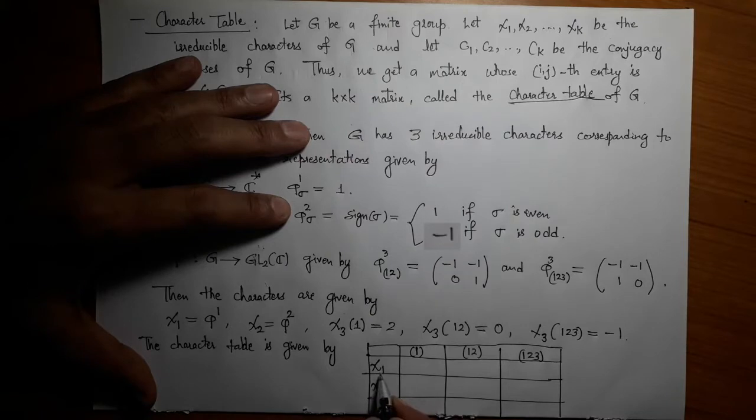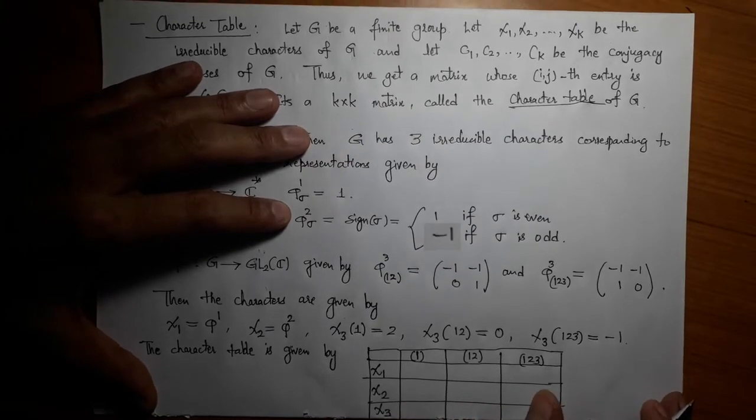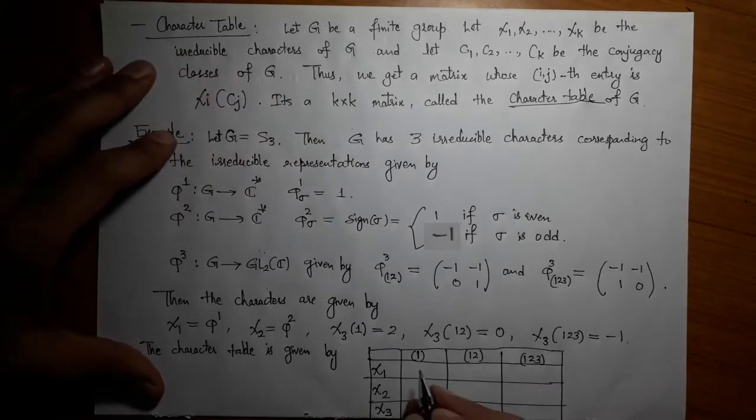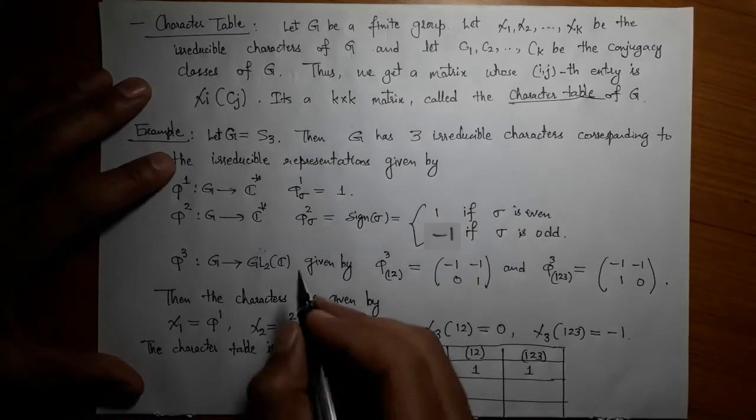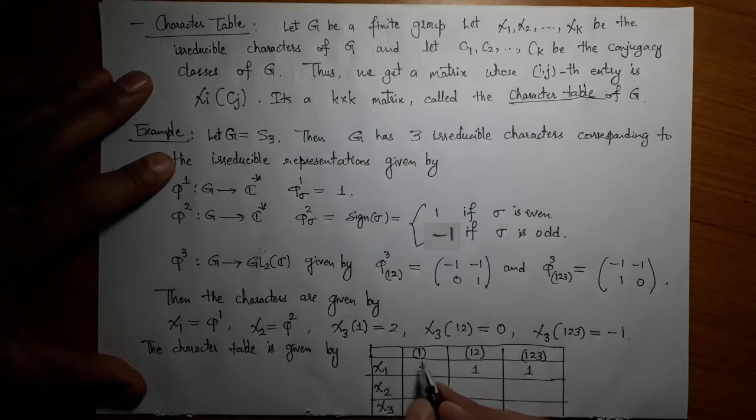Chi1 is the trivial character, so in each case the value is just 1 1 1. Chi2 is the sign character. The trivial element is considered an even permutation, so the value is 1 here. This is an odd permutation, so it is -1 here. (1 2 3) is an even permutation, so it is 1 here.